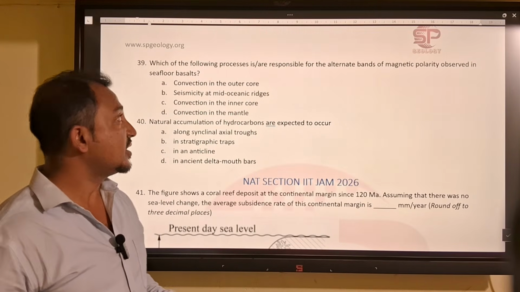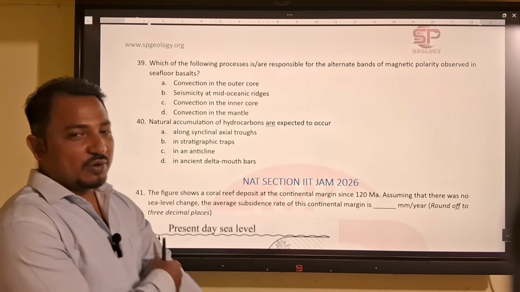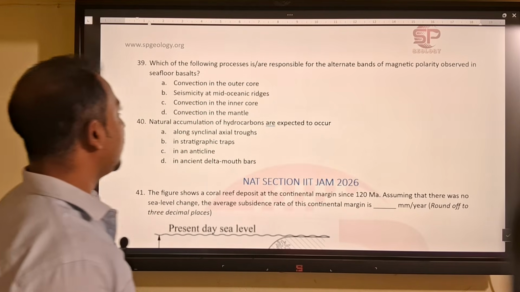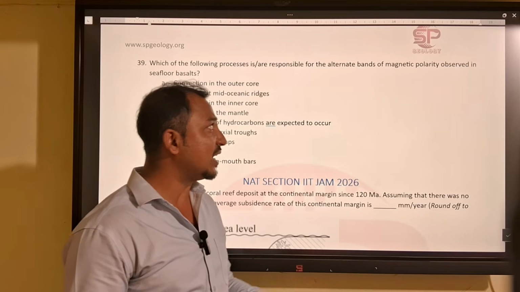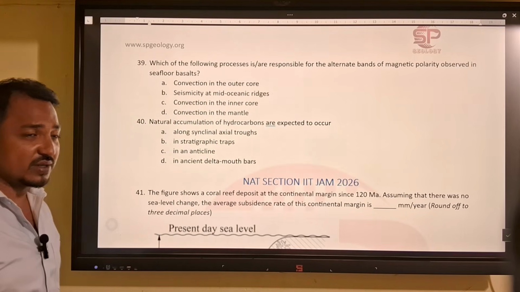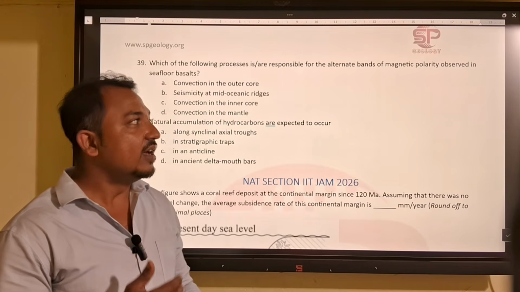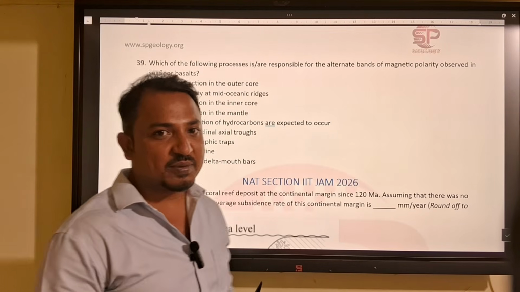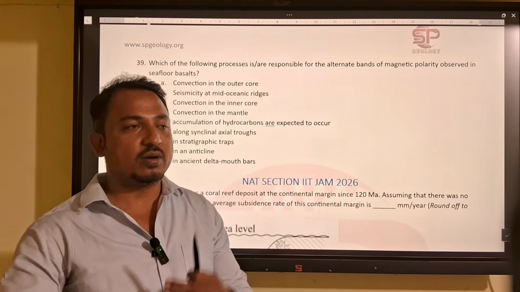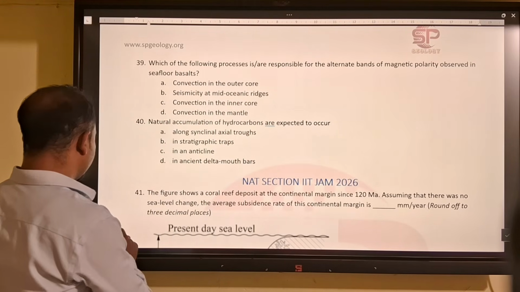So next comes another question, about magnetic polarity. Which of the following processes is or are responsible for the alternate bands of magnetic polarity observed in seafloor basalt? Alternate bands means reversal of polarity. The reversal of polarity is caused by magnetic activity, which is caused by convection in the outer core.